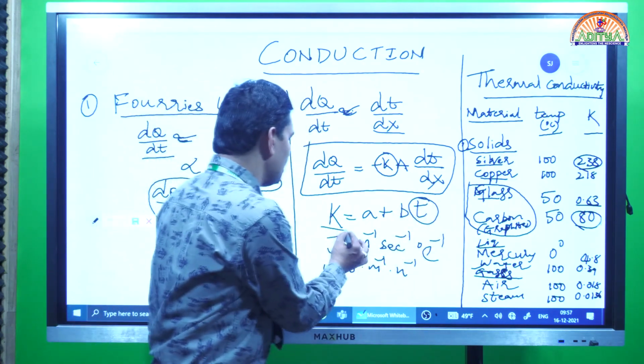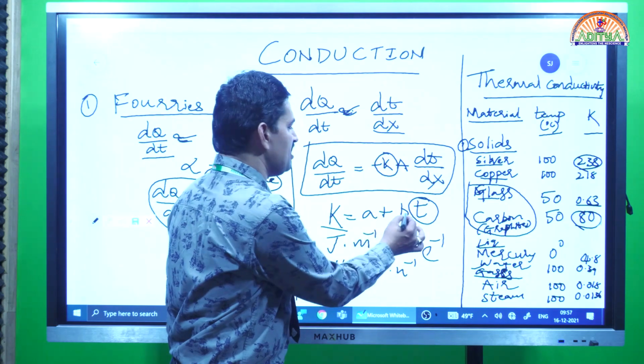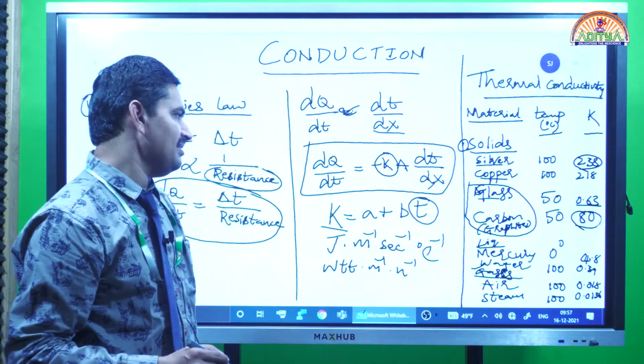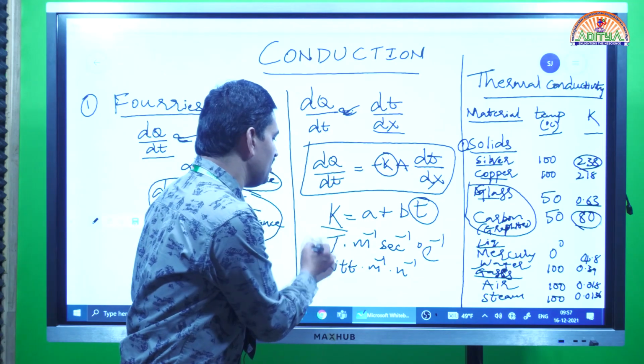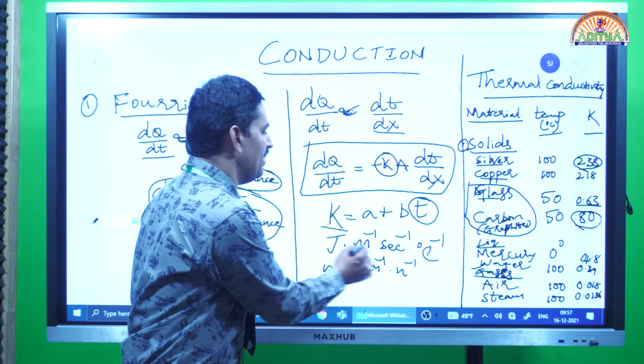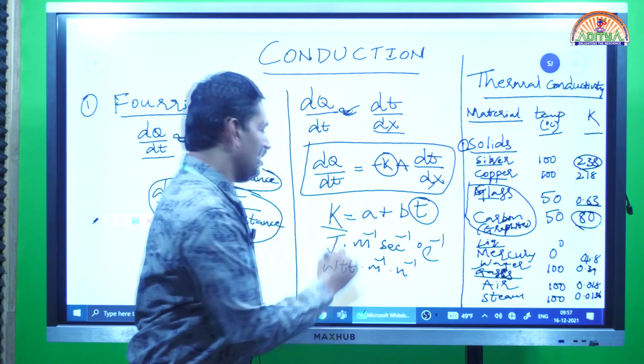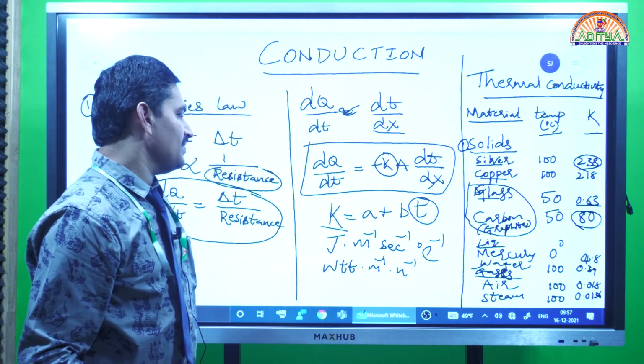Thermal conductivity is equal to A plus B into T, where A and B are constants. What are the units for thermal conductivity? Joule per meter second degree centigrade, or watt per meter as well as hour.